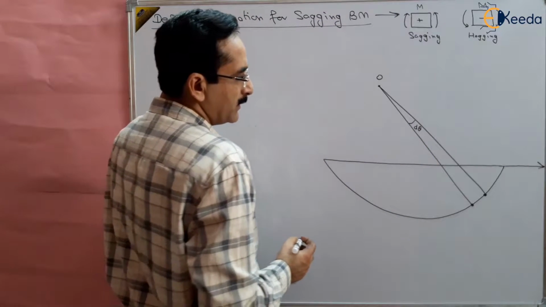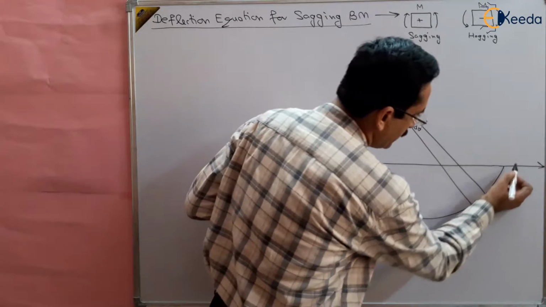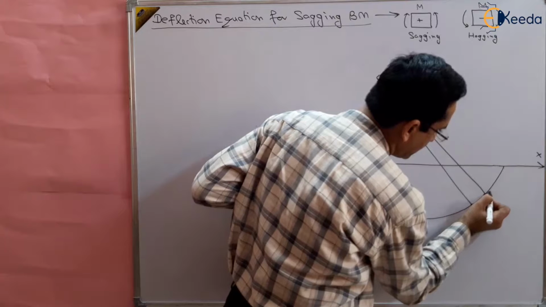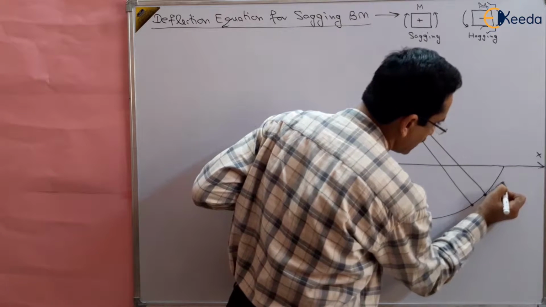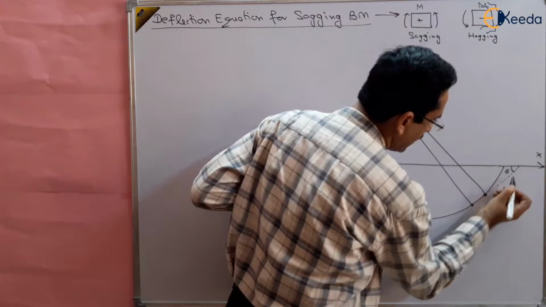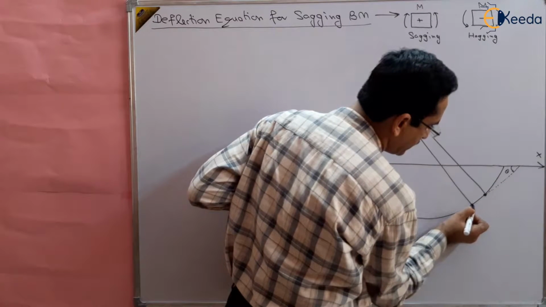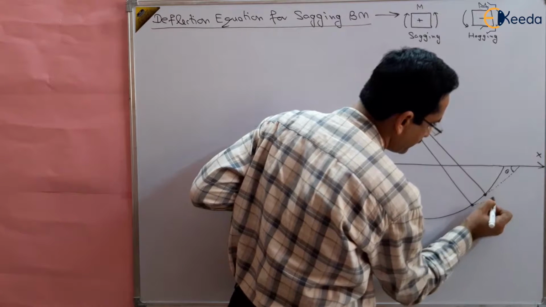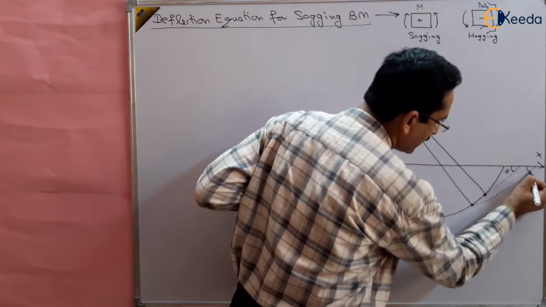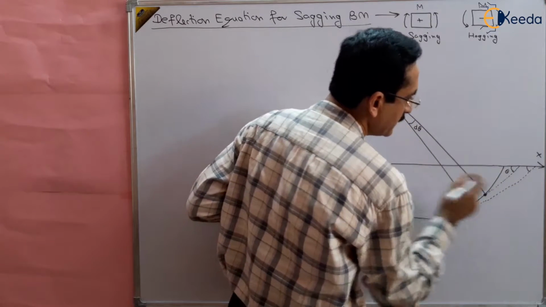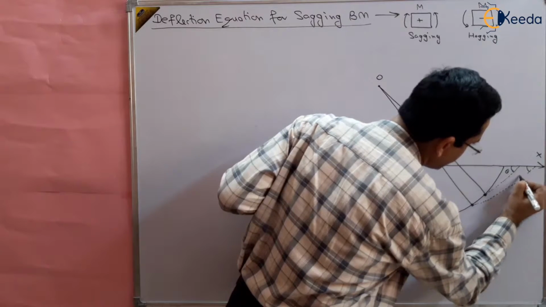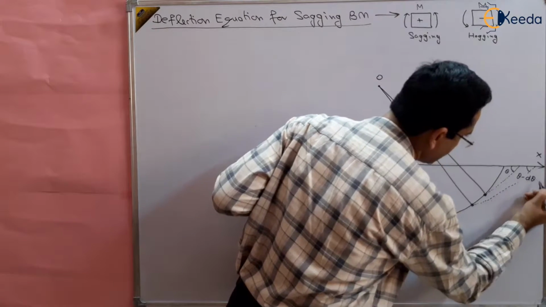If I show it on the x-axis, you can see this angle is theta, and afterwards this angle will be reduced by d theta. So this angle will be theta minus d theta.